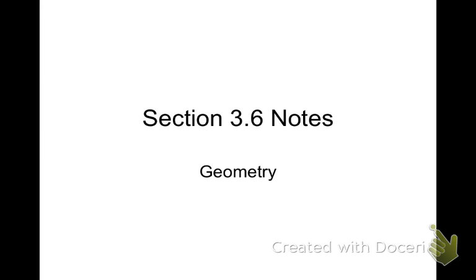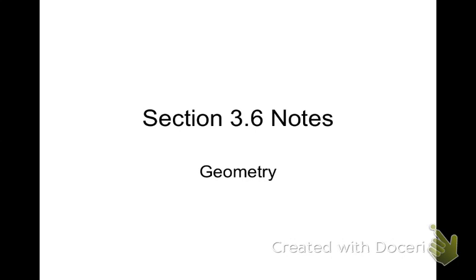So this is the last section for chapter 3. We've talked about parallel, perpendicular, and skew lines, being able to recognize them. We talked about what happens when we have parallel lines with a transversal that cuts through them.